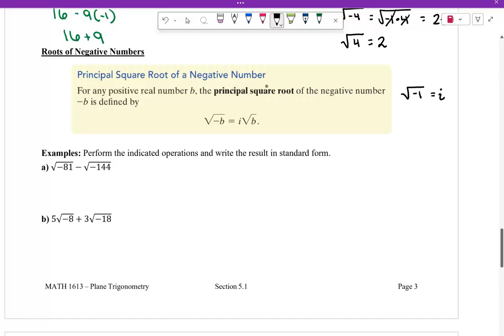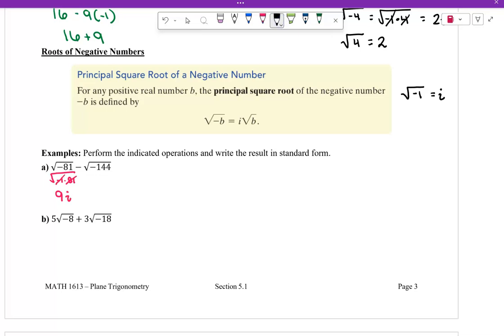Square root of a negative 81. So that means we have the square root of negative 1 times 81. Square root of 81 is 9. Square root of the negative 1 is i.